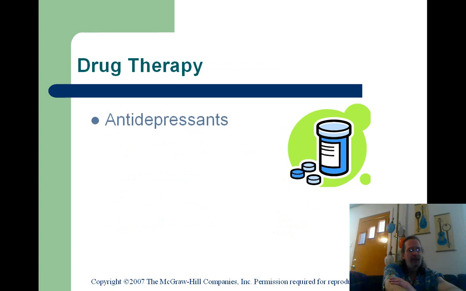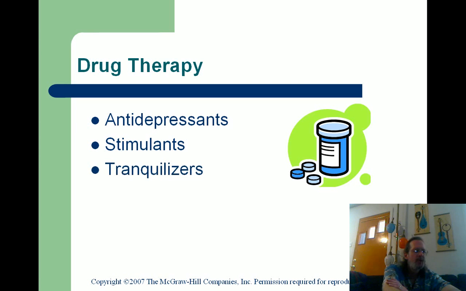Just a few of the drugs: antidepressants for kids who are feeling that way, and stimulants. It's interesting, kids with ADHD tend to react the opposite way to stimulants like Ritalin. That tends to calm them down. Another thing you need to know is that they figure out real quick that they can sell those pills to their schoolmates for a pretty reasonable penny.